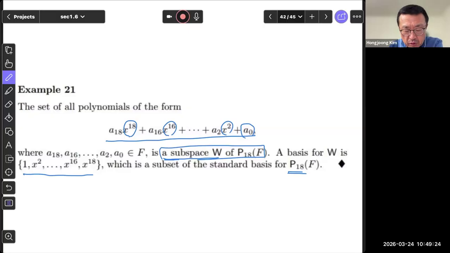Second, this will be one basis for W. Thirdly, I can extend this basis of W to form a basis for the original space, P sub 18. Of course, you can just combine x cubed up to x to the 17th, then this union will form a basis for P sub 18, right? So it is trivial, but yeah, we have this.